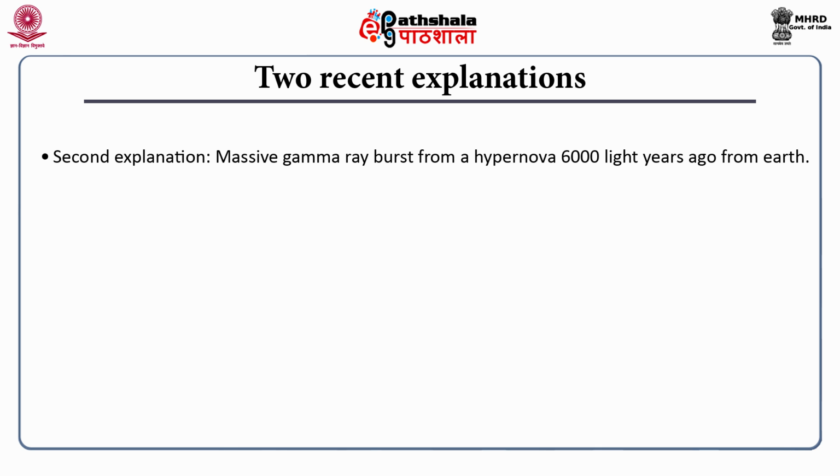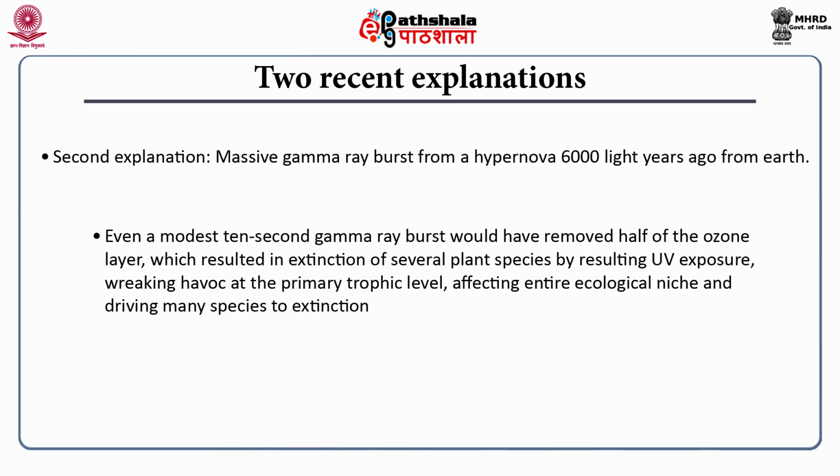So, 6,000 light years is really far away, and even though the supernova is quite far away, it is not merely a supernova, it is a hypernova, an extreme explosion of star dust that might have caused a gamma ray outburst, and even a 10-second gamma ray outburst would have removed half of the ozone layer.